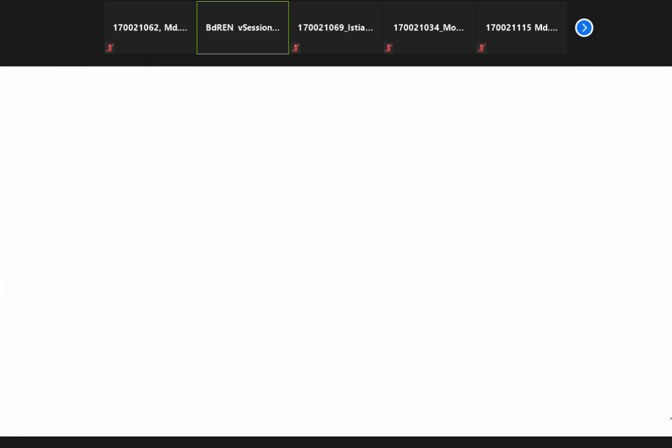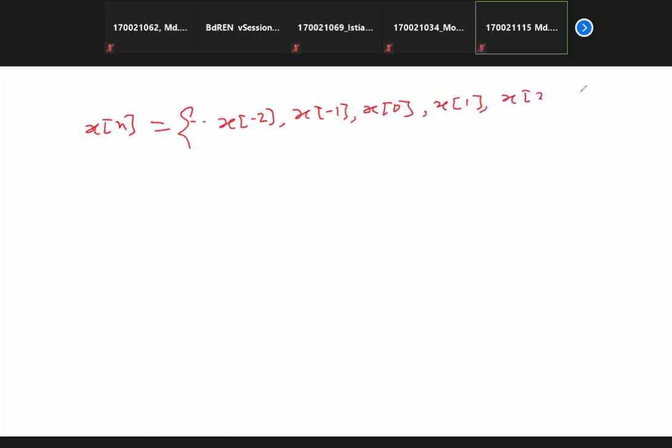Now we want to generalize it. Consider that we have a sequence x[n]. You know that a sequence can be expressed either as a sequence of numbers, or by a figure.